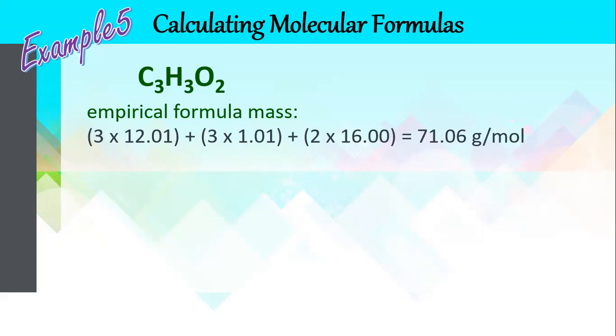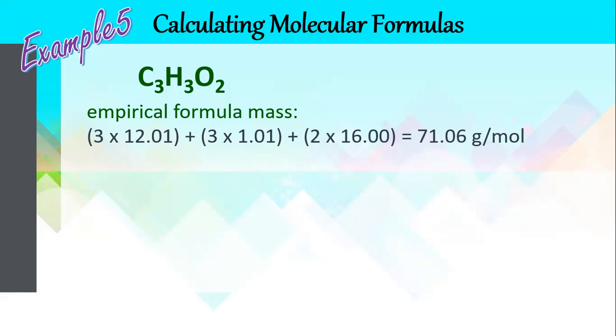Now let's add up the numbers that we see here. This adds up to 71.06 grams per mole. That's the molar mass of the empirical formula, and we also call that the empirical formula mass.